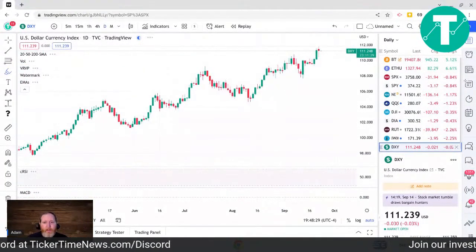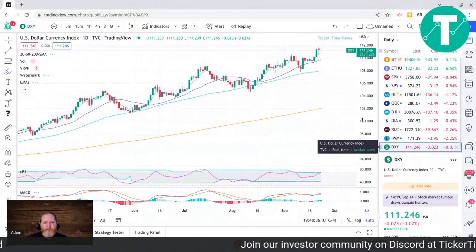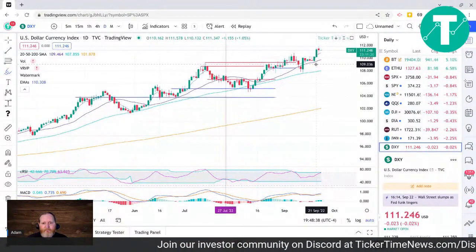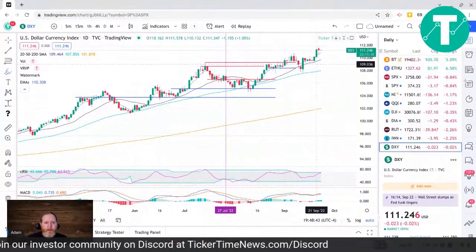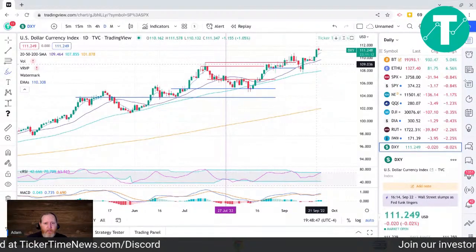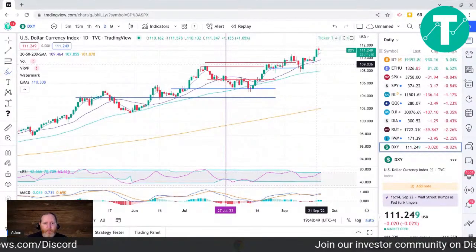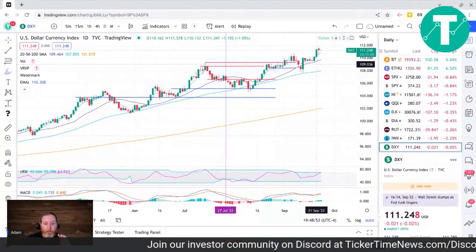I mean, look at the strength of this dollar. This greenback has been on fire. Absolutely on fire. It broke 111.57 for its high today. Now it closed at 111.34. Rounded up to 0.35 if you would like. But 111.